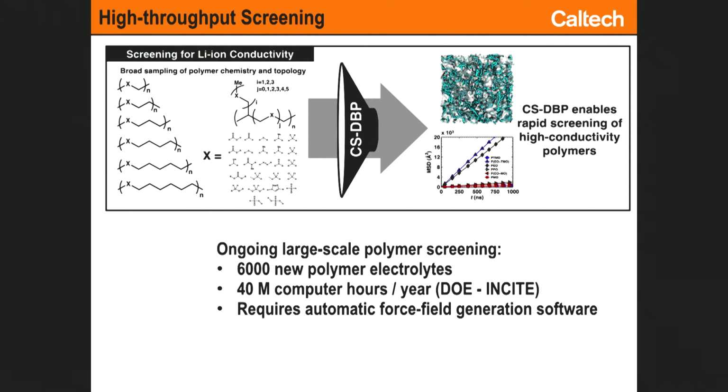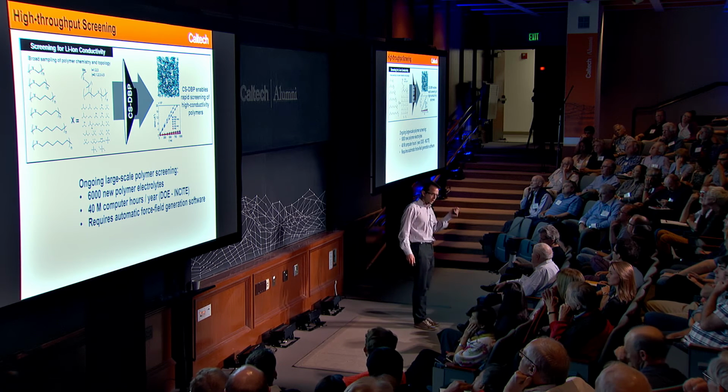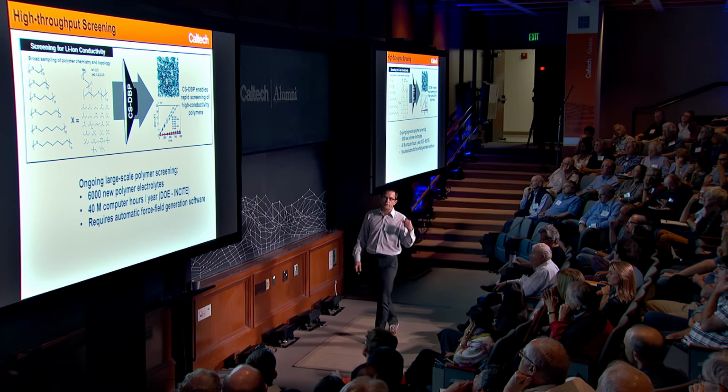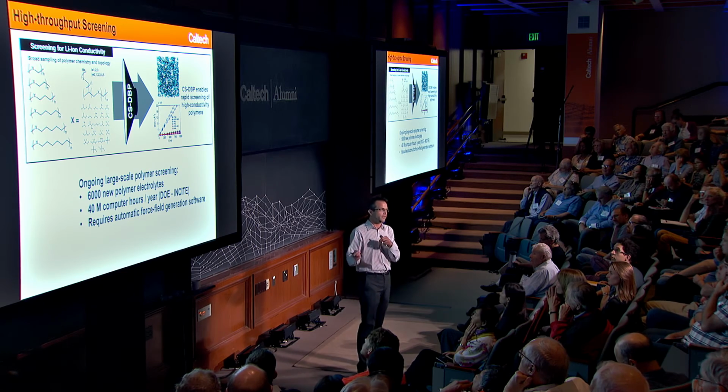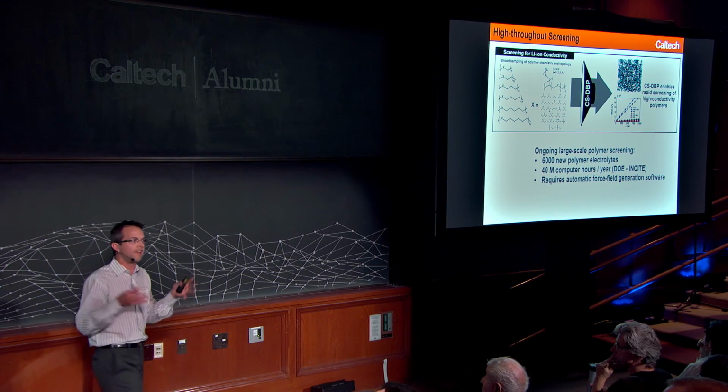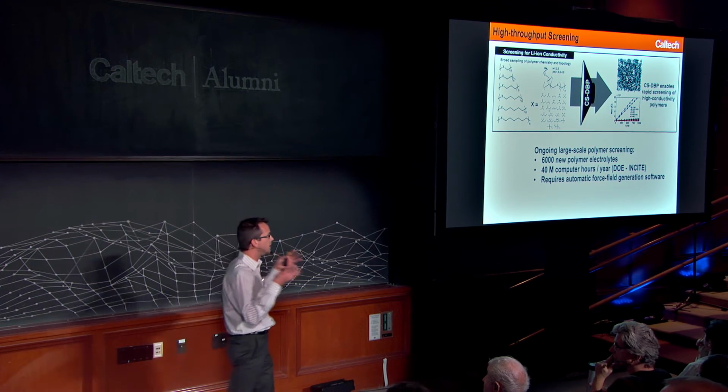So this has led us to investigate on the order of 6,000 new polymers even to date. We are able to use resources from the Department of Energy to rapidly screen across all of these different polymer materials. And actually an interesting software challenge that emerged through this overall process is that we're making lots of molecules that simply haven't been made before and for which there are not interaction potentials to describe computationally.